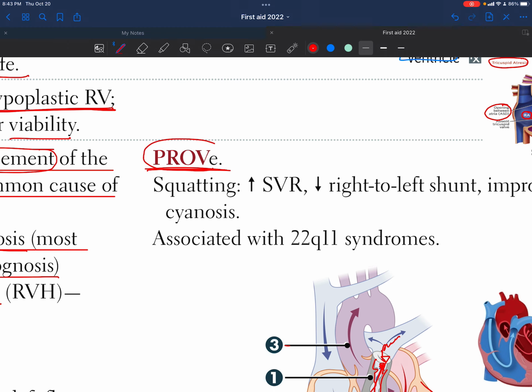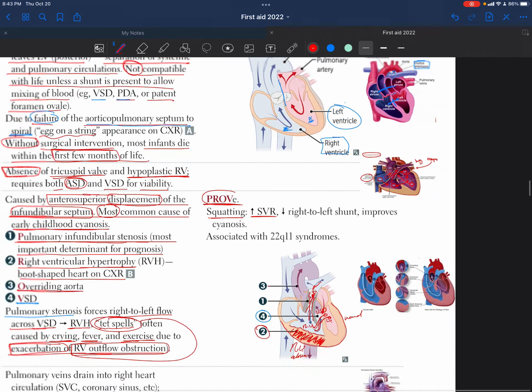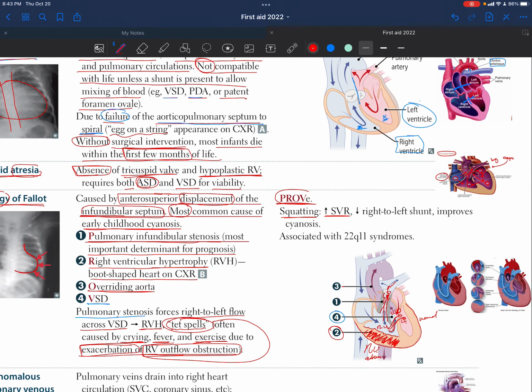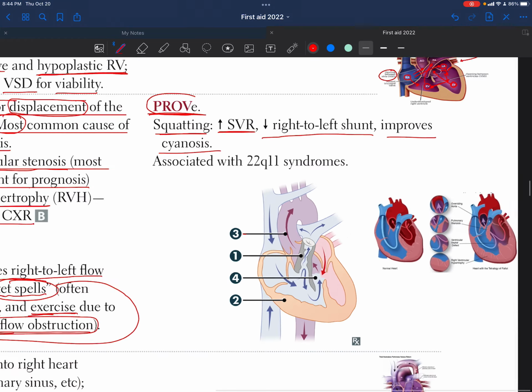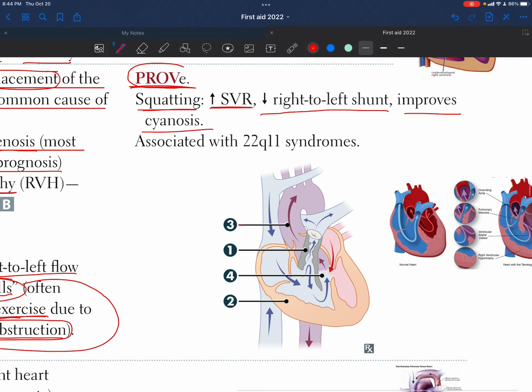Now, in case of squatting, the squatting basically causes an increase in systemic vascular resistance, which would lead to reduced right to left shunt and improves the cyanosis. So if we want to explain it here, okay, squatting basically increases the systemic vascular resistance.